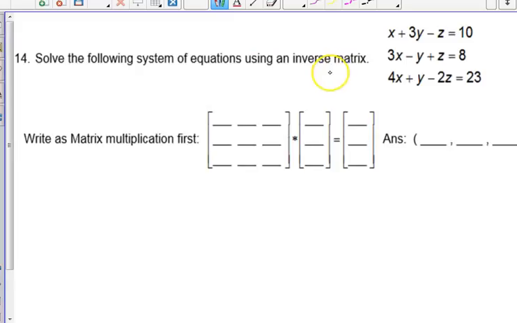All right, matrix multiplication. The part everybody got wrong on the test is they did not put the x, y, z here. The answers go here. 1, 3, negative 1, 3, negative 1, 1, 4, 1, negative 2.